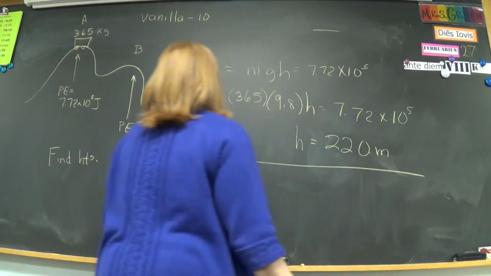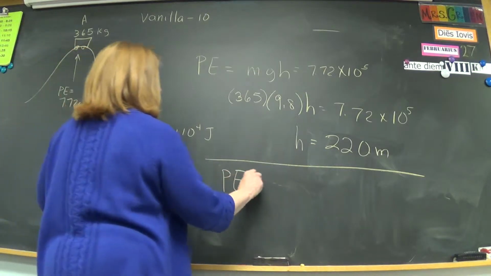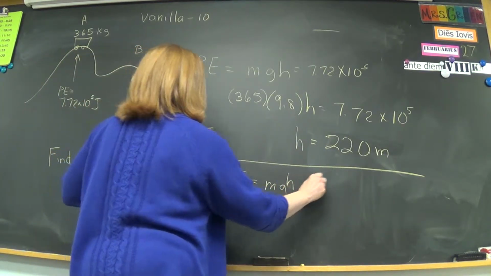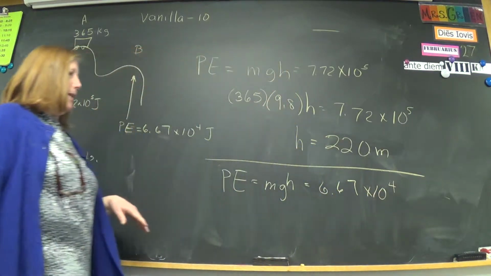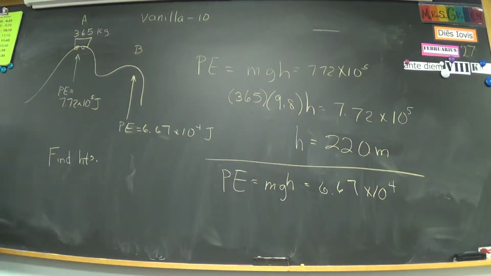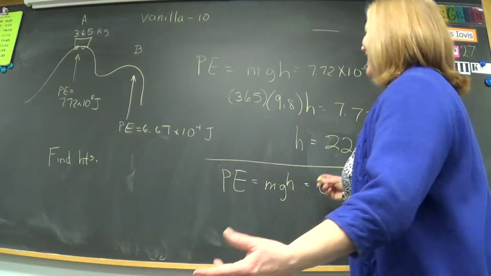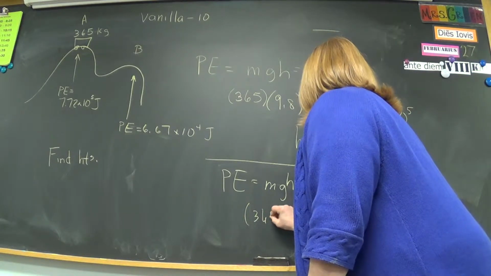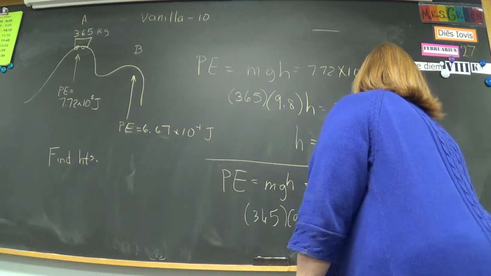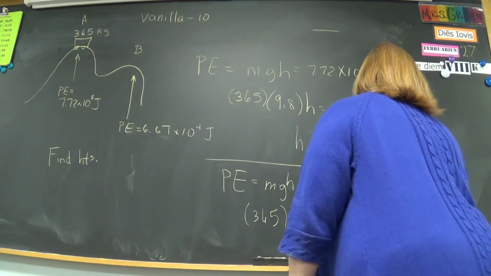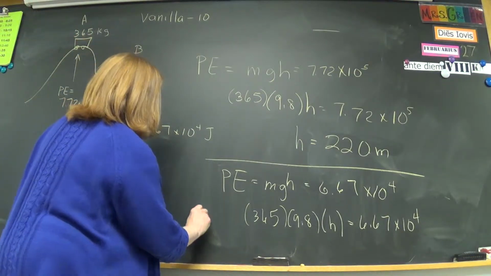All right, then we do the same thing. PE for this hill. PE is MGH. It's known. All right, this time, Alex, tell me MGH on this one. MGH is the same. All right. 365, 9.8. So that's the OYO. All right, so Alex, could you peek and just tell us what the height is for the second hill?